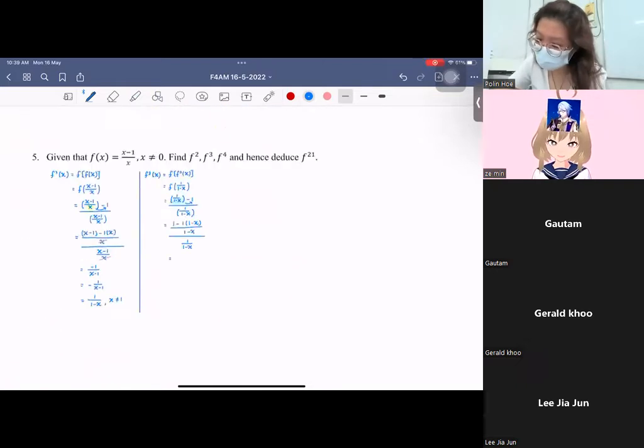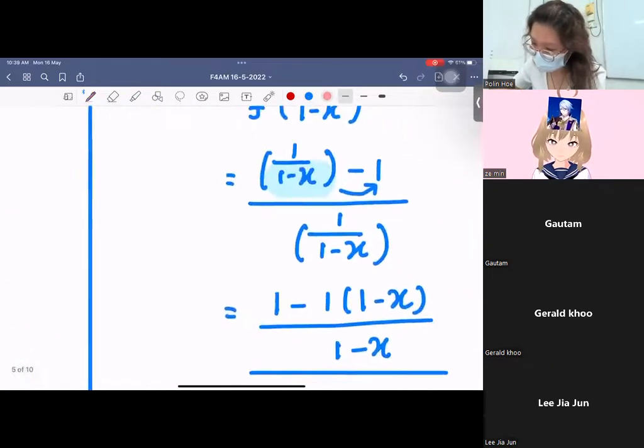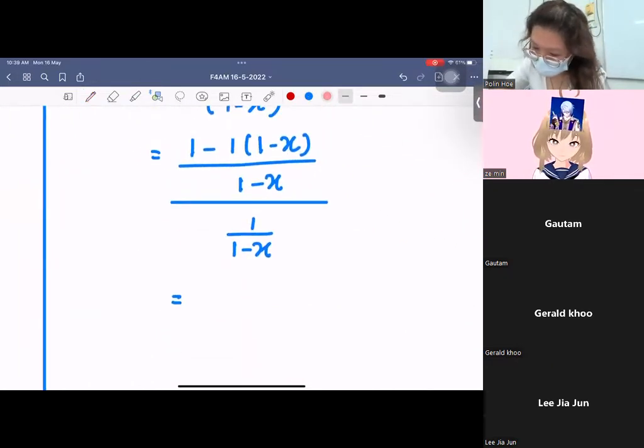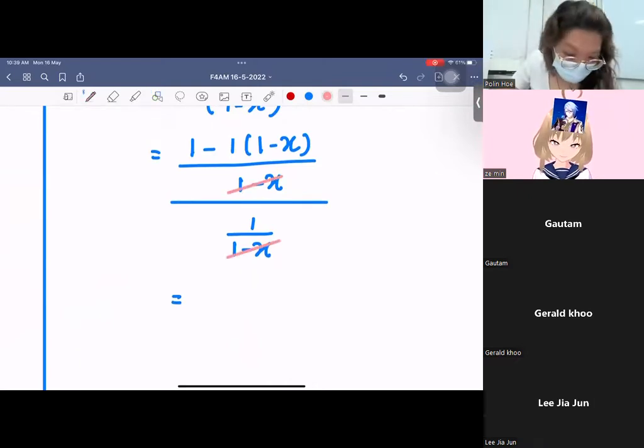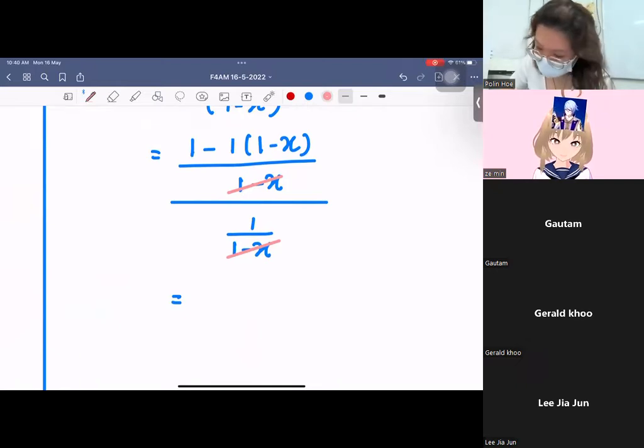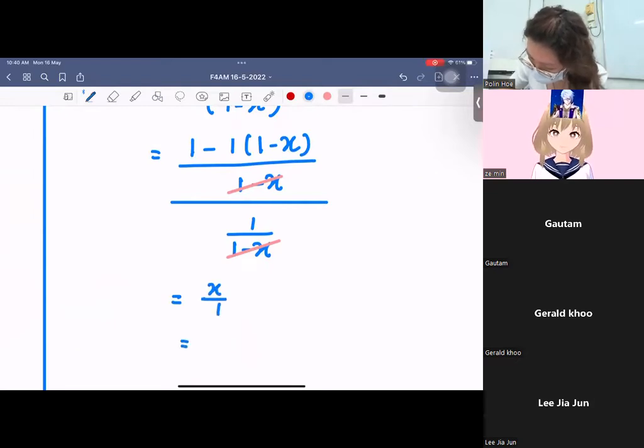So many ones, teacher. More. So angry. This and this cancel. 1 minus 1, nothing. And then I have what? I have x, right? Negative, negative, positive. I have x over 1 equals x.